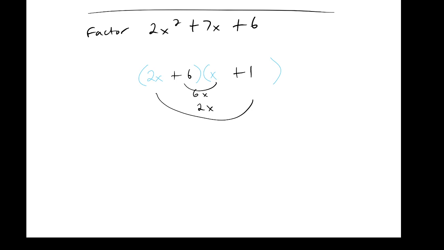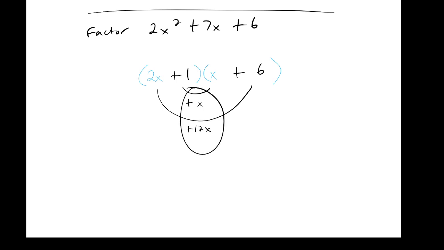Even if I switch these, watch what happens. If I switch the placement as 1 and 6, that's going to have a different yield. I'm going to get 1x, or just x, and on the outside, 12x, and that is going to have a sum of 13x. That's a problem. That's still not 7.